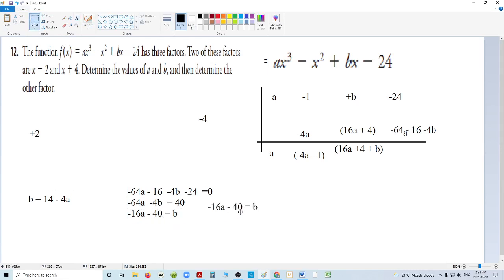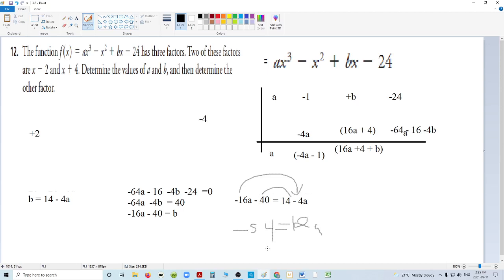Which means if this is equal to b and this is equal to b, you're allowed to do this. So if I put the minus 16a on that side, I get minus 4a plus 16a, which is positive 12a.